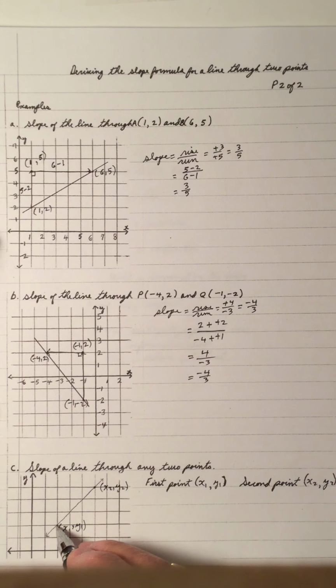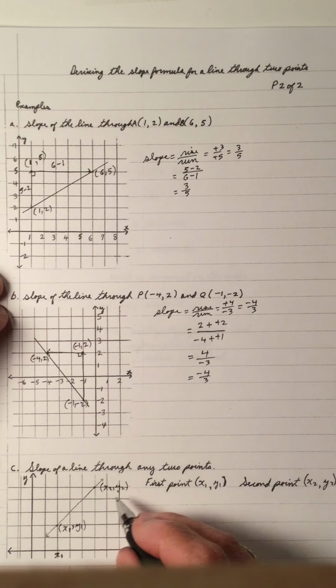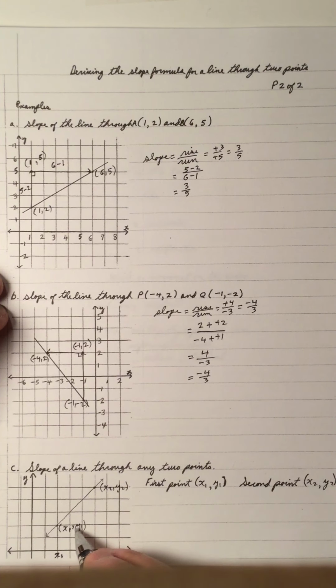So what happens if you take this point and go down here? That means this is x1. So whatever the coordinate of this point is here, that hits that line right there. And the y is right there. The y coordinate of this point is here. So if that's x1, y1, this is x1, and that's y1.